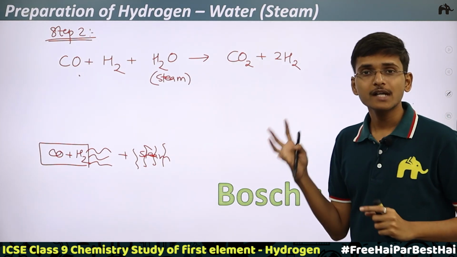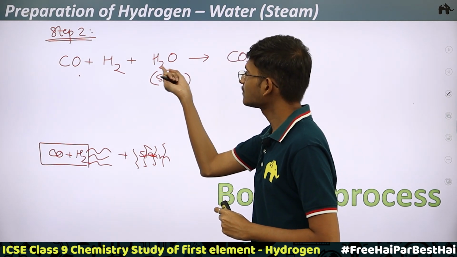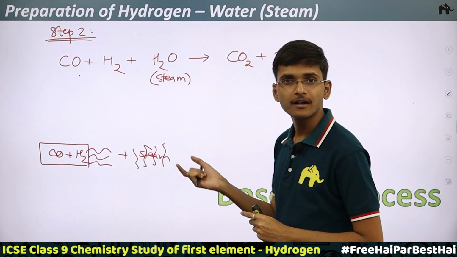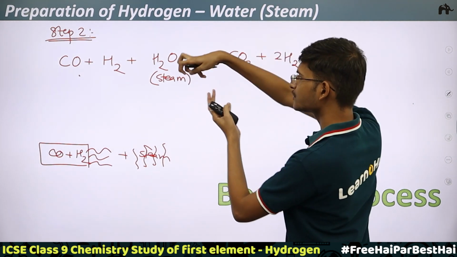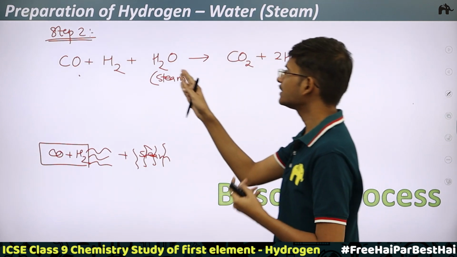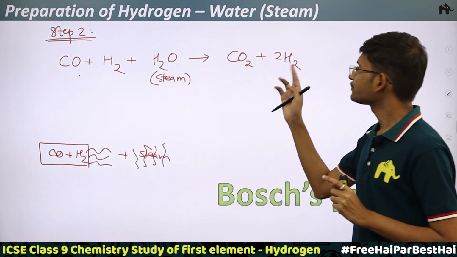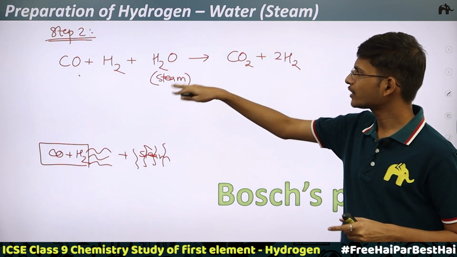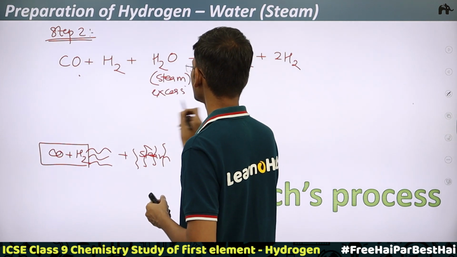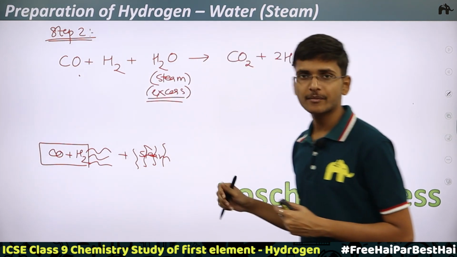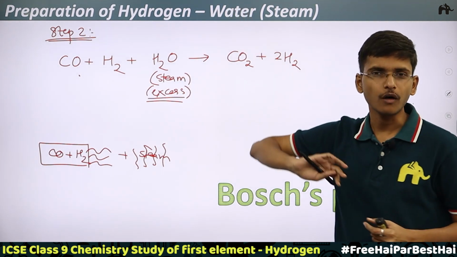Now here what has happened is, see, our steam is having H2O, right? But the oxygen is being picked off. It has been removed from the steam, and then we get hydrogen. So somewhere or the other you can see that the steam, though it is in excess, is having its oxygen removed.